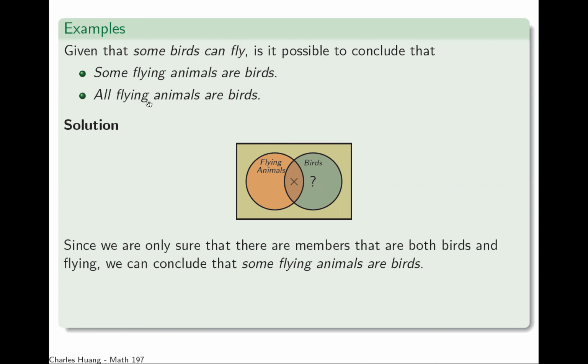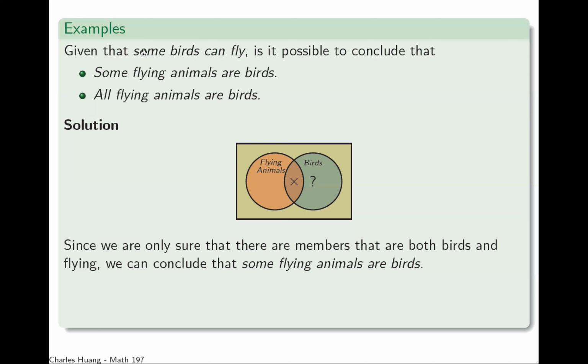But we cannot really say that all flying animals are birds. In order for all flying animals to be birds, we have to be able to place all the flying animals inside the bird circle. In other words, I should not be able to find anything out there.